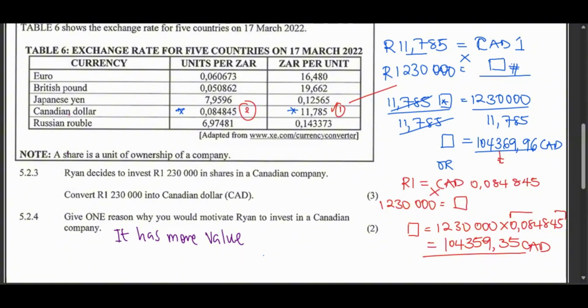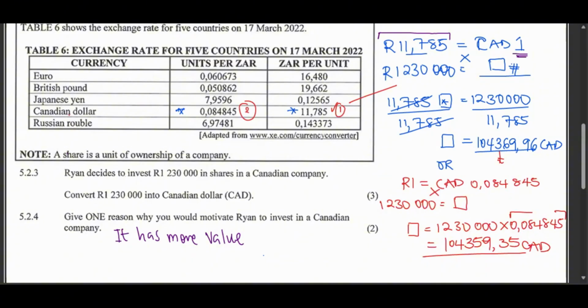For example, as we've seen here, you need 11 rands, 79 cents to get 1 Canadian dollar. You see that here you've worked too much, 11 times, almost 12, only 1. That means the other side, if you had this 12, you would have this 12 times. It increases, it gets value.